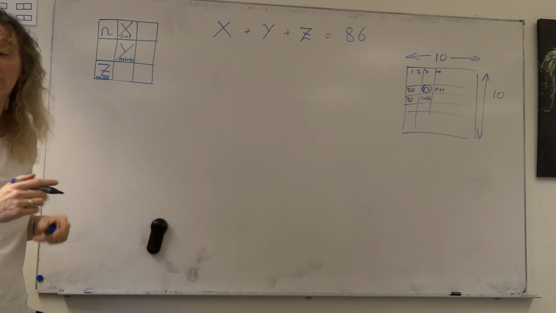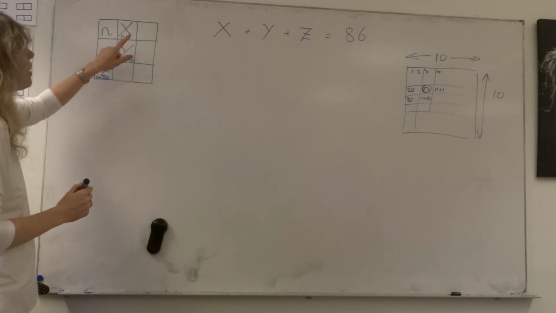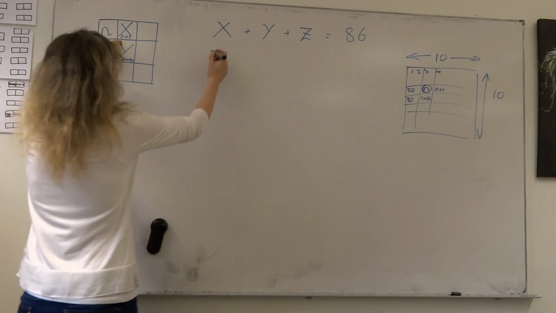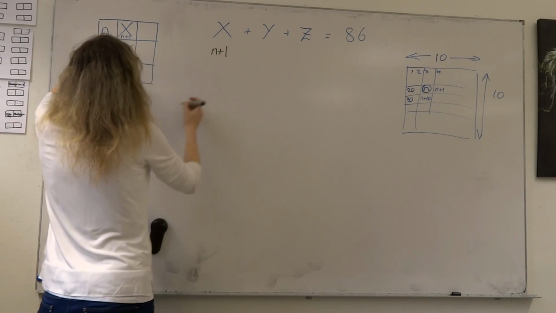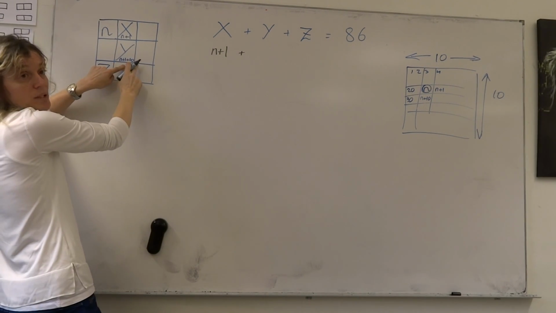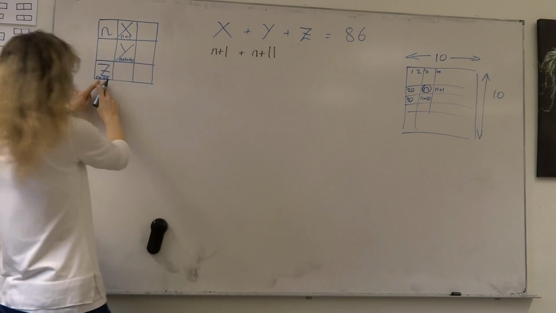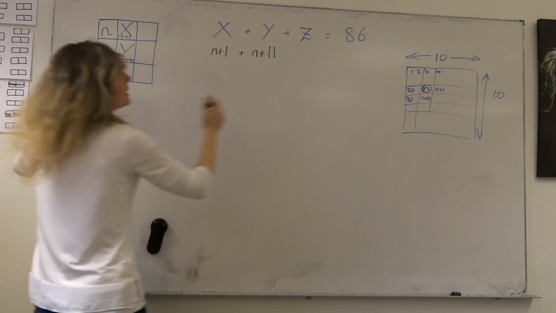So we actually know enough about these numbers to be able to solve this equation. Wherever we see x, we write n plus 1. Wherever we see y, instead of n plus 1 plus 10, we know that's n plus 11. Wherever we see z, we can write n plus 20.